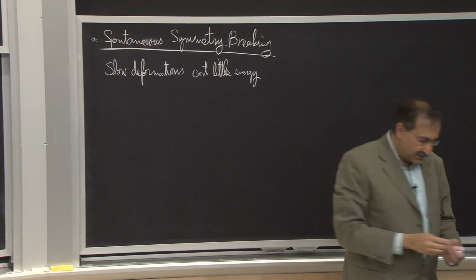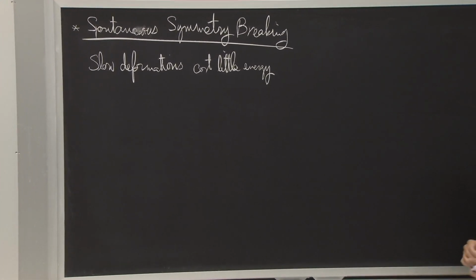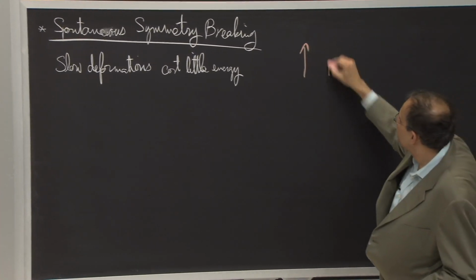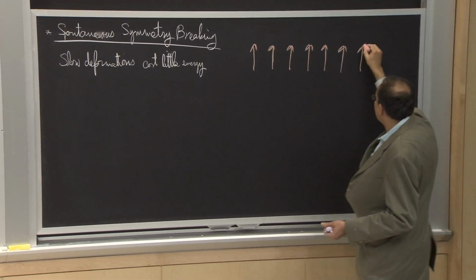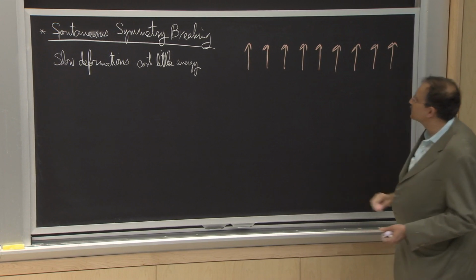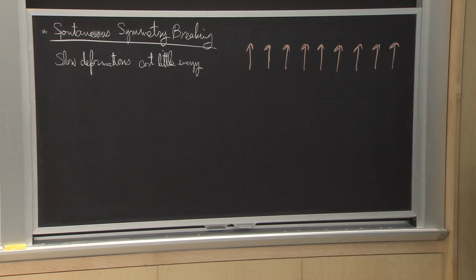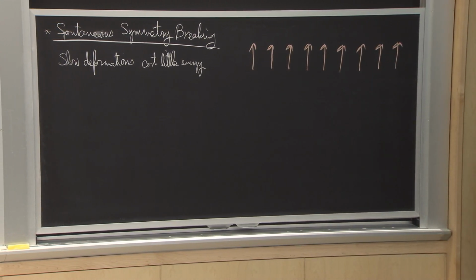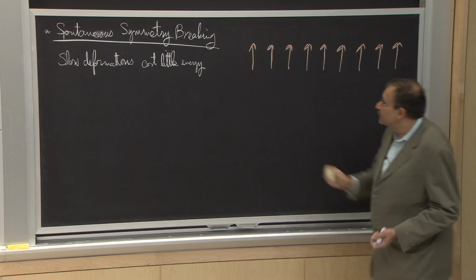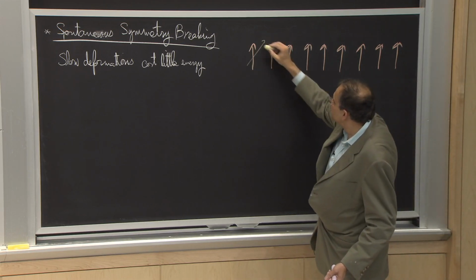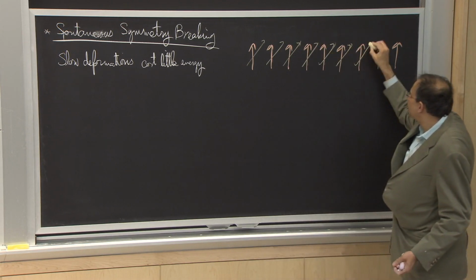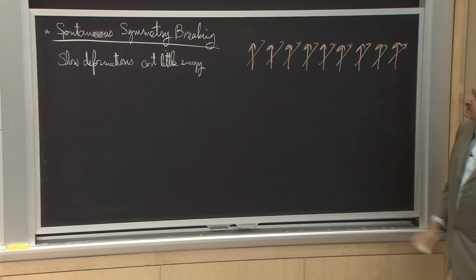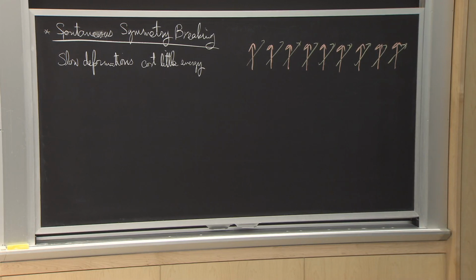What do I mean by that? Let's imagine that I start with a state where, after I minimize, I find that all of my magnetizations are pointing up. Now, as I said, I could rotate everybody into this direction, and that deformation of my state would cost no energy.